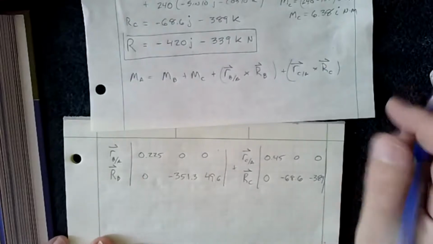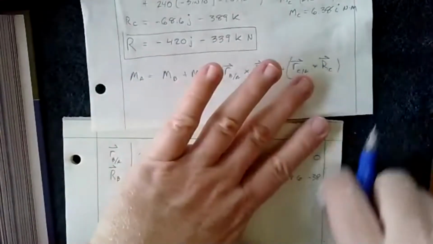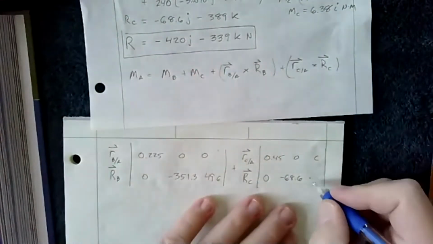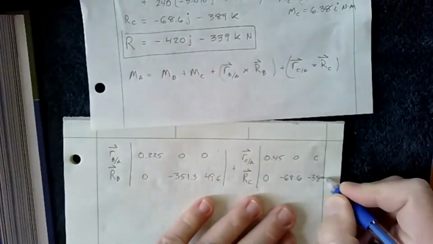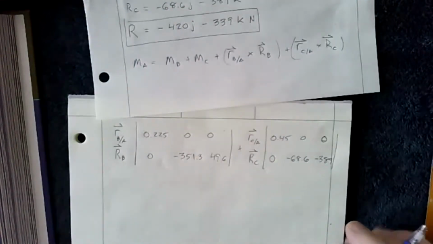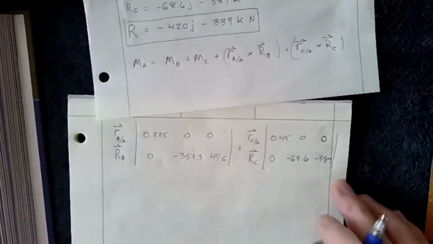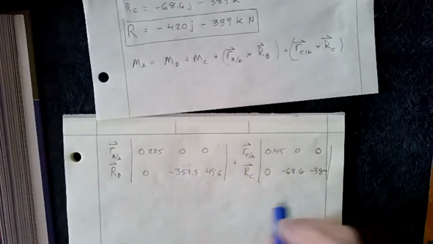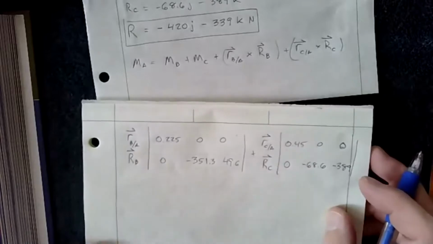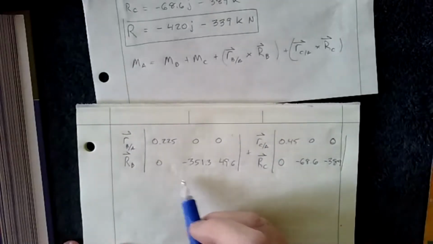All right. So there's that, and so forth. And so there we have that and that. So we do our cross product and we add everything together.